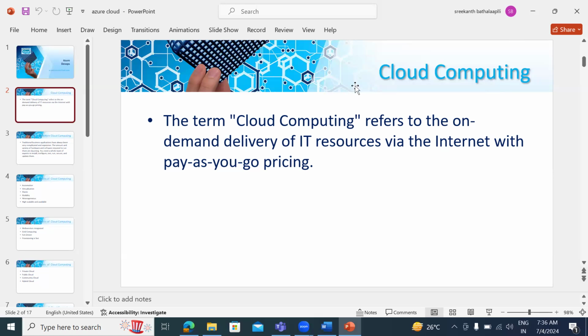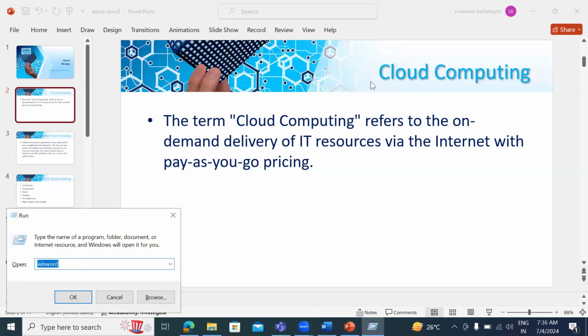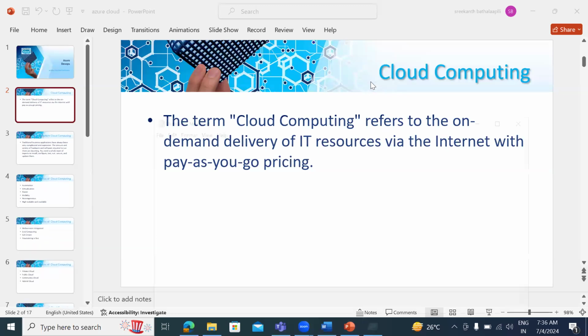That means if you use more, you pay more money. If you don't use, you don't need to pay. So like this, we are going to deliver the IT resources.